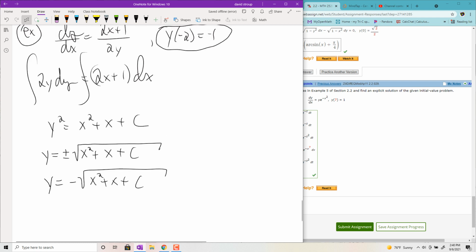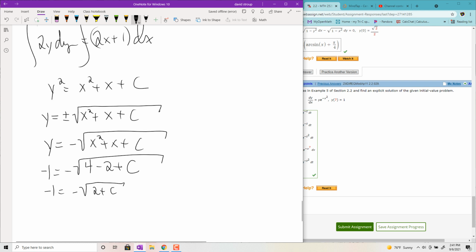If we let y equal negative 1, on this side we've got negative square root of 4 minus 2 plus c, so negative 1 equals negative square root of 2 plus c. Square both sides, you get 1 equals 2 plus c, so c is negative 1, right?